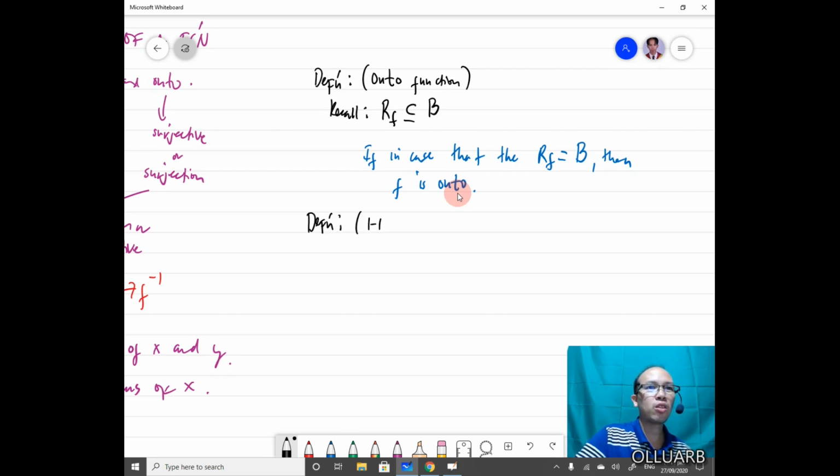That would be easy for our definition of the one-to-one. This is the shorthand notation for the one-to-one function, a way to show that the function is one-to-one.